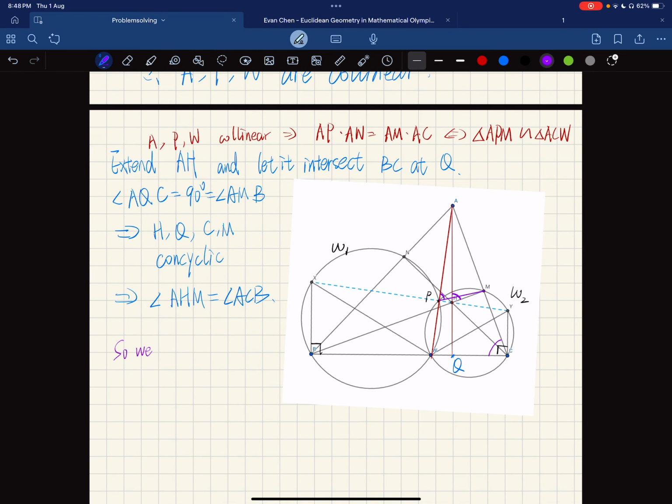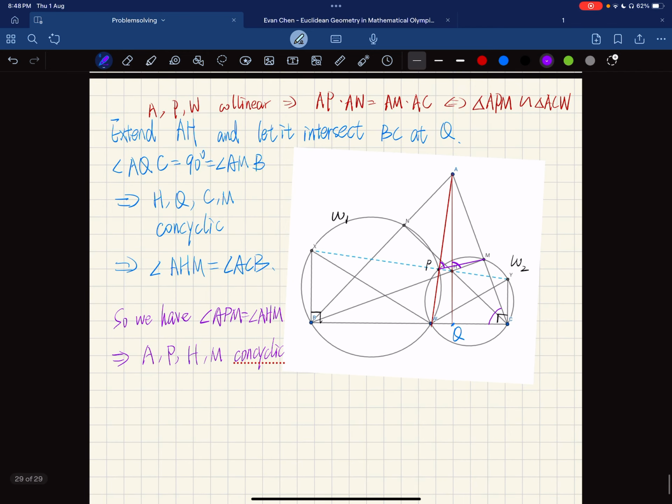We have angle APM equals angle AHM, and that leads to A, P, H, and M being concyclic, right?